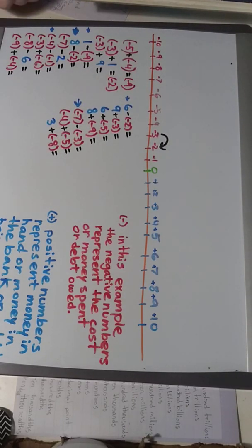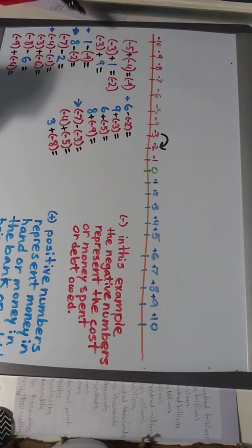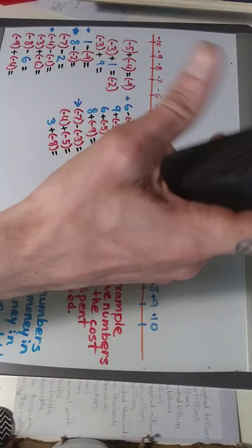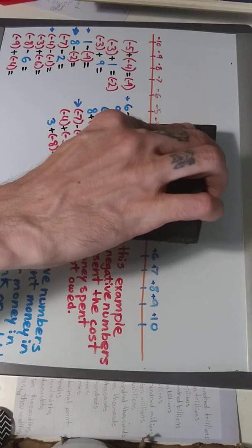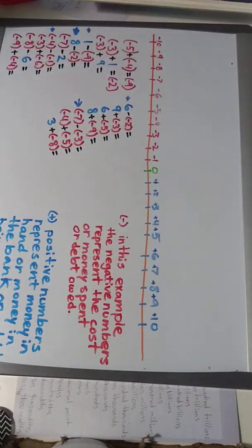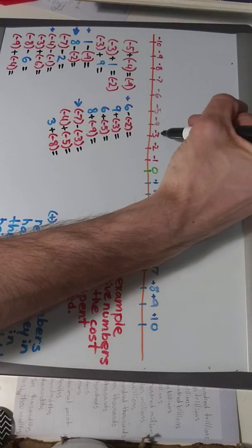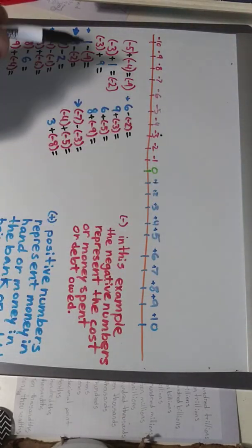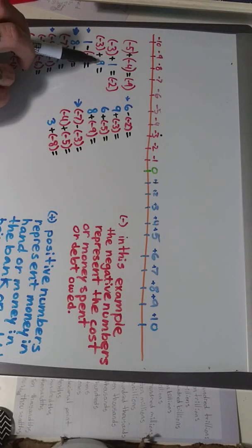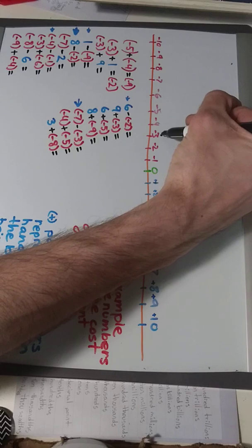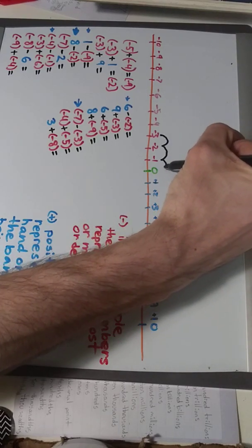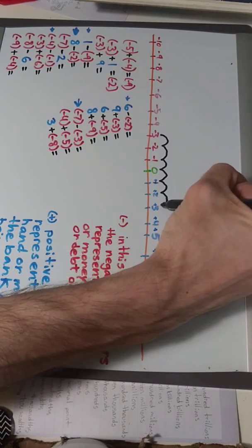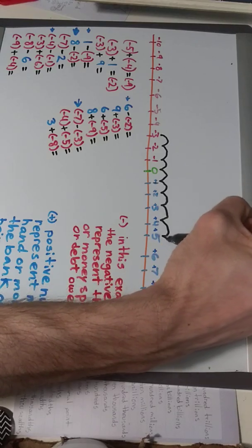So then we can have negative 3 plus 9. Once again we start at negative 3, and someone is paying off a debt of 9 units. So 1, 2, 3, 4, 5, 6, 7, 8, 9.